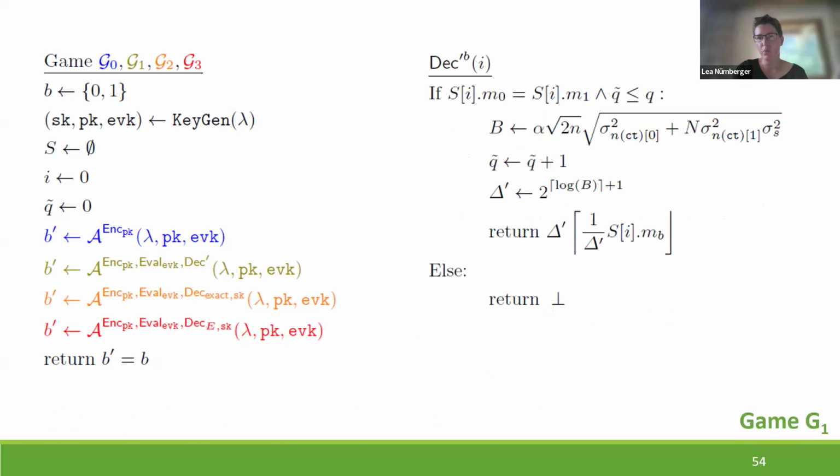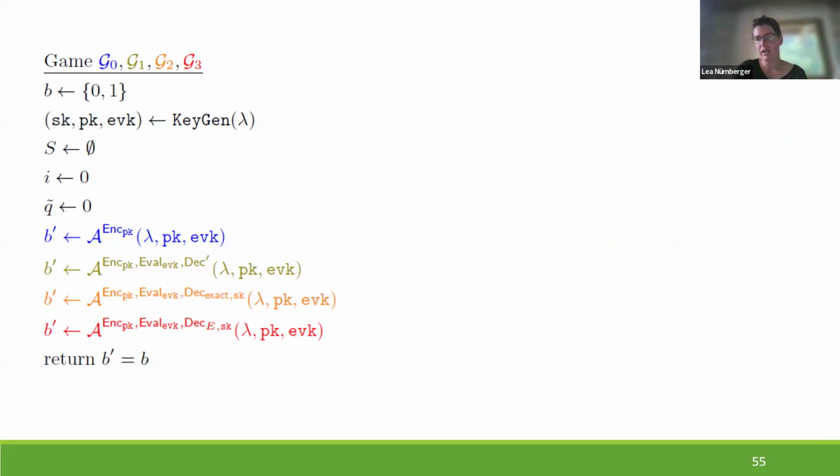Then in game G1, we still calculate by how much we need to shift it, but we don't bother with decryption anymore at all. And we just simulate the decryption oracle by just rounding off the 1 over delta last bits of the message itself. So since the ideal functionality returns pretty much the same thing, there is no difference in advantage between those two games.